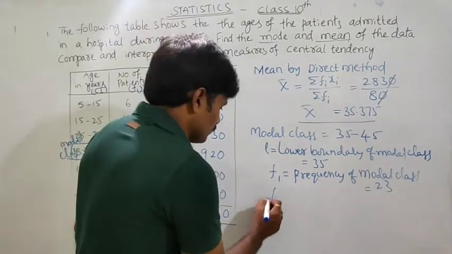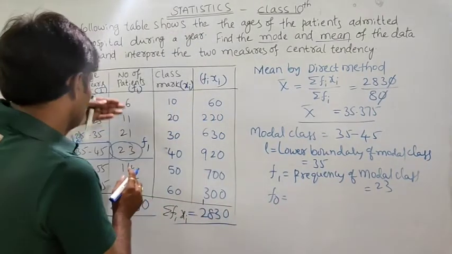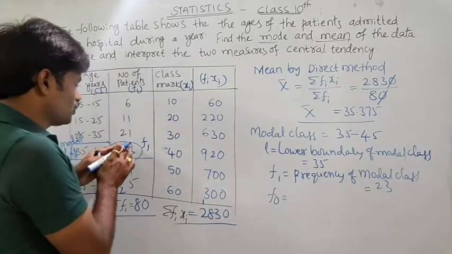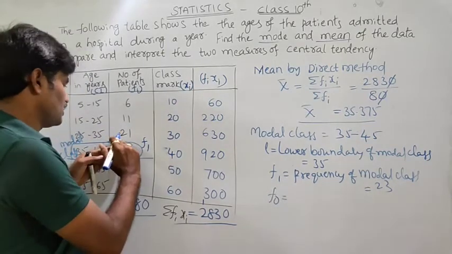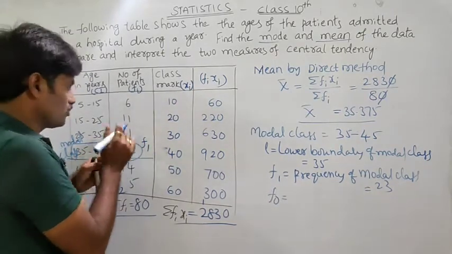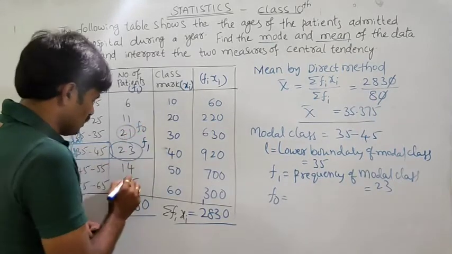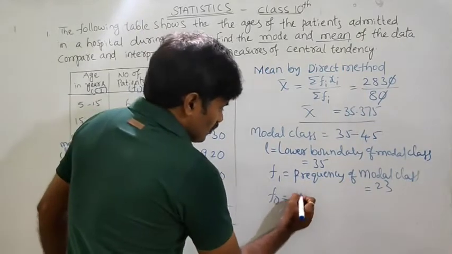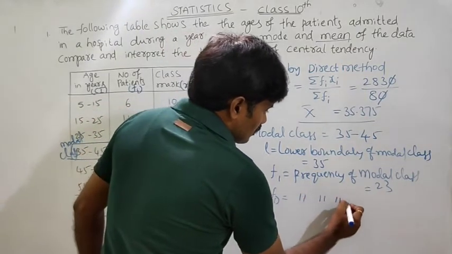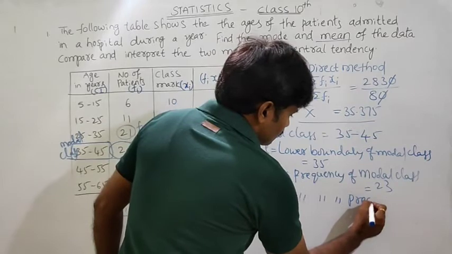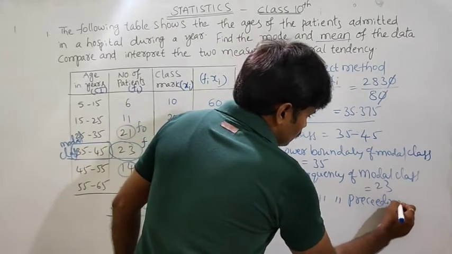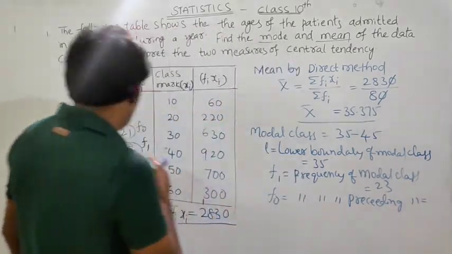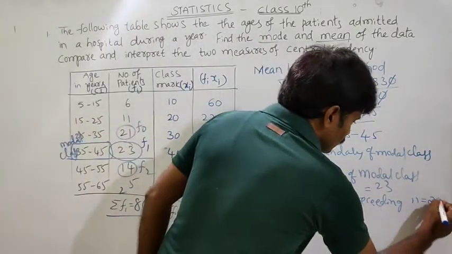Now F0 is the frequency of the class preceding the modal class. Preceding means above, before. So 21 is F0, 14 is F2. You have to write: frequency of the class preceding the modal class, so the answer is 21.